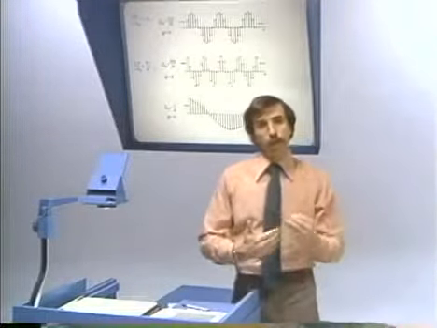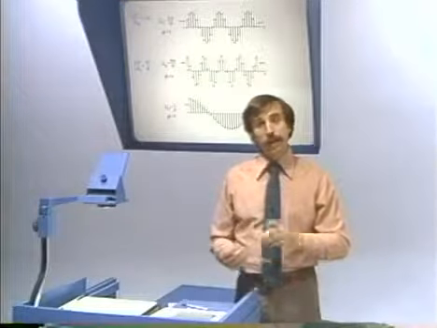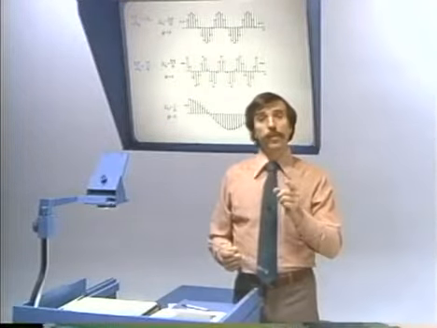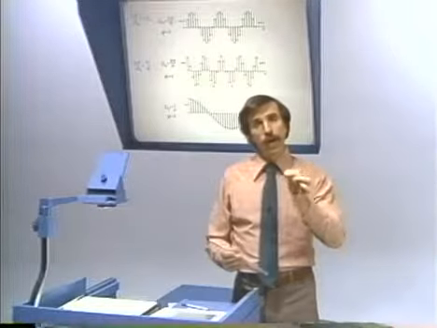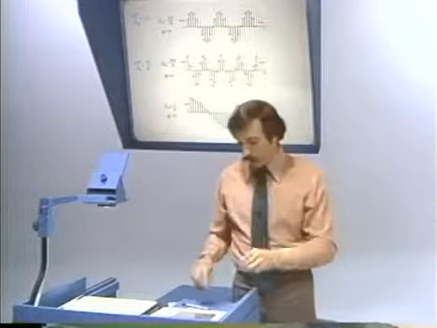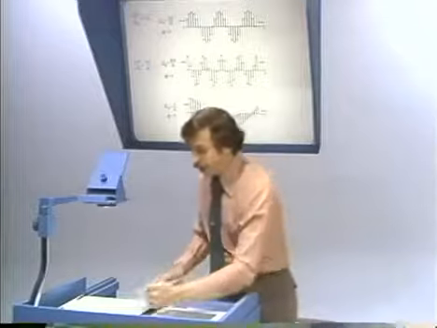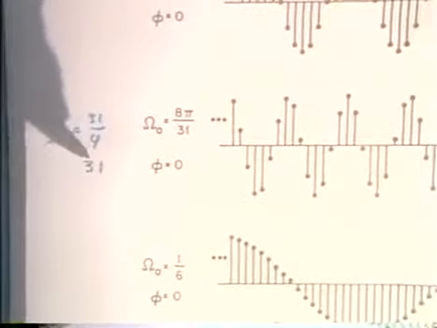Well, we'd multiply that by 4. So 2 pi over omega 0 times 4 is 31. 31 is an integer. And so what that says is this is periodic, not with a period of 2 pi over omega 0, but with a period of 2 pi over omega 0 times 4, namely with a period of 31.